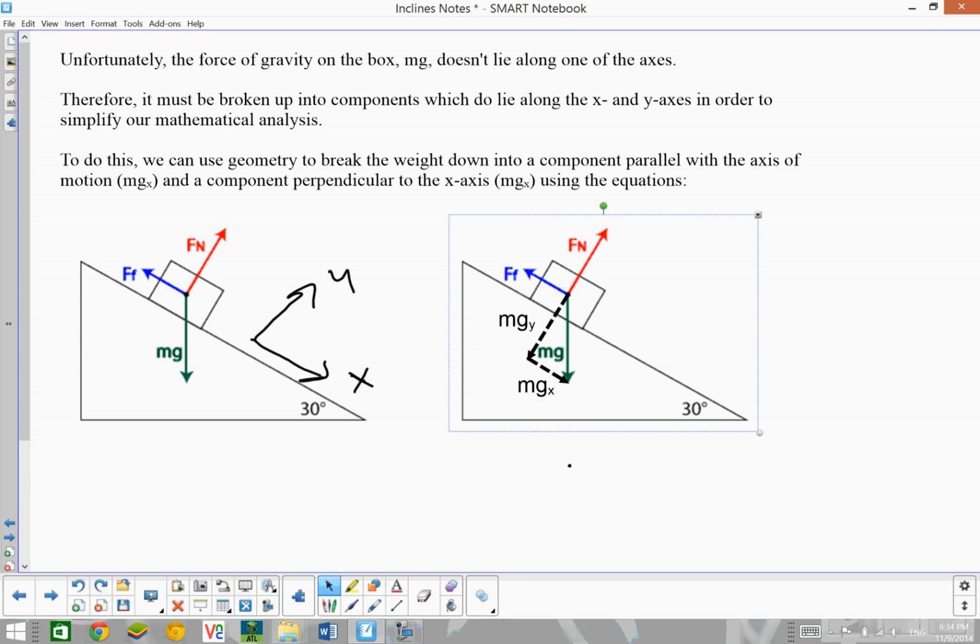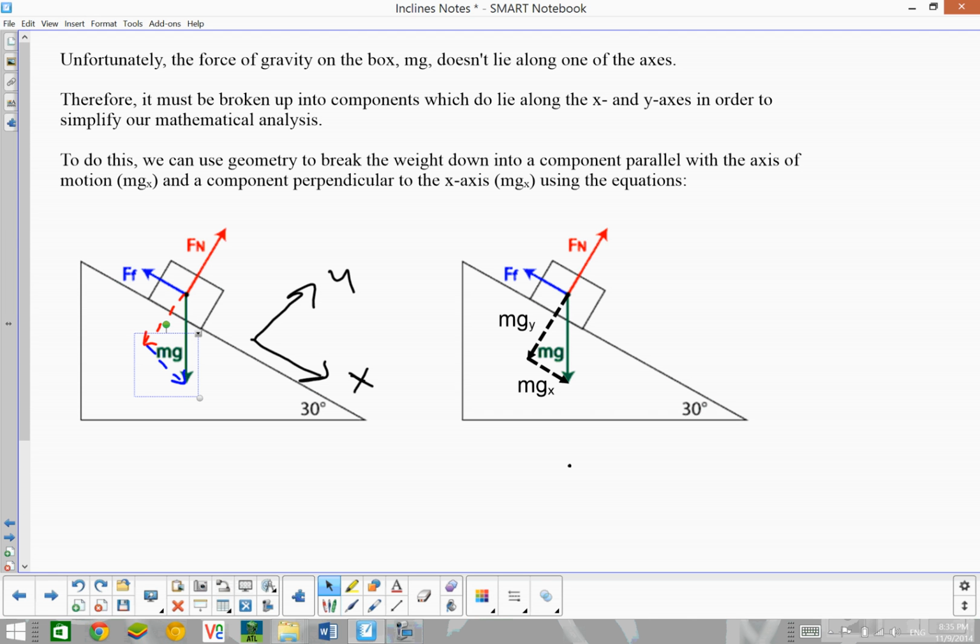What we end up choosing to do then is break up that force due to gravity into two dimensions. What I do is I find the component of that weight that is in the y dimension, and I identify the component of the weight that is in the x dimension, as I show right there.